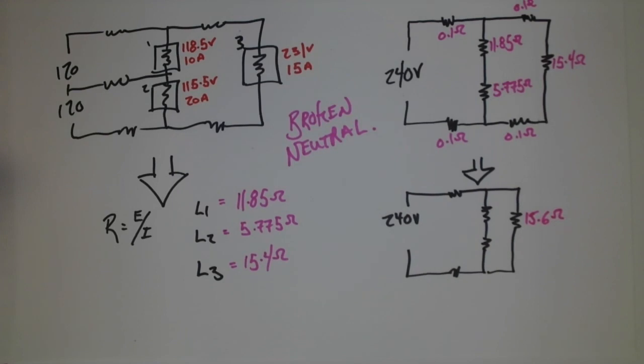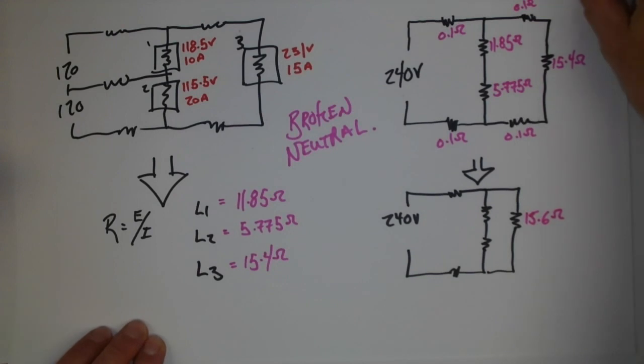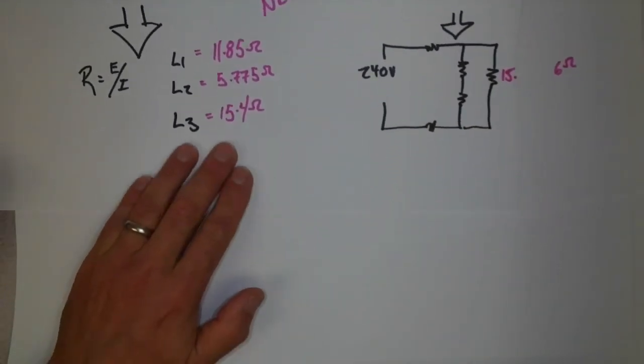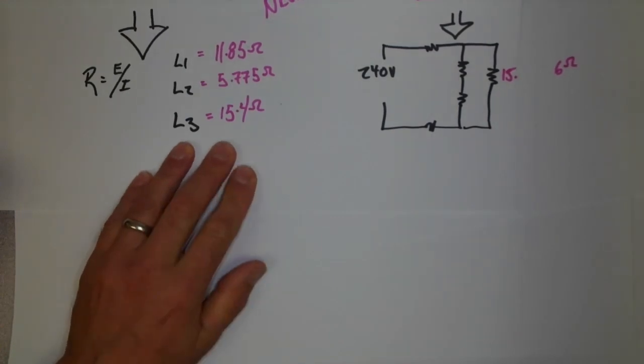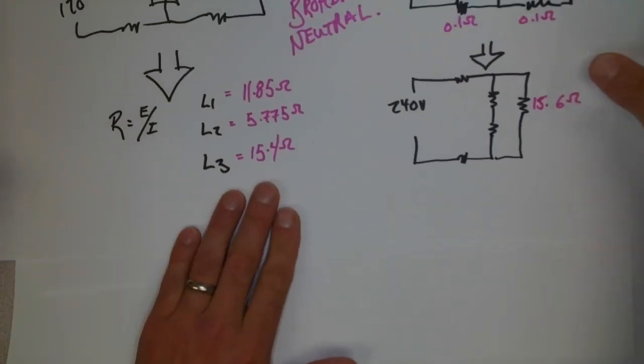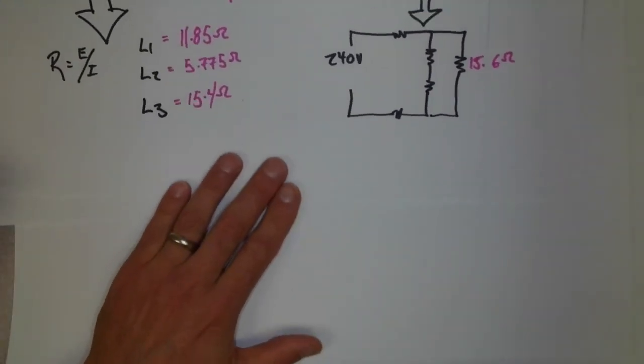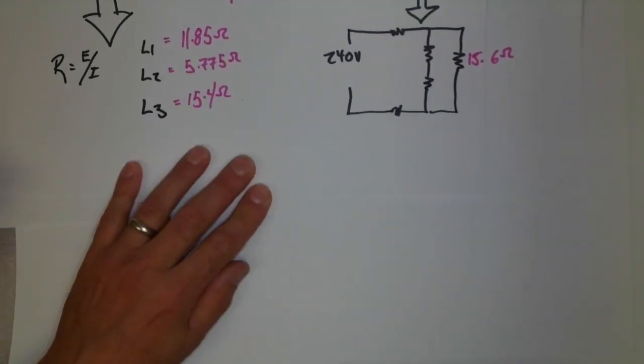So that would mean that we would have to yet combine them once more. So next step, what would that be? Well, I'm going to combine them, and I'm going to have to slide this up a little bit. 15.6 ohms. Takes a lot of space to do these calculations.